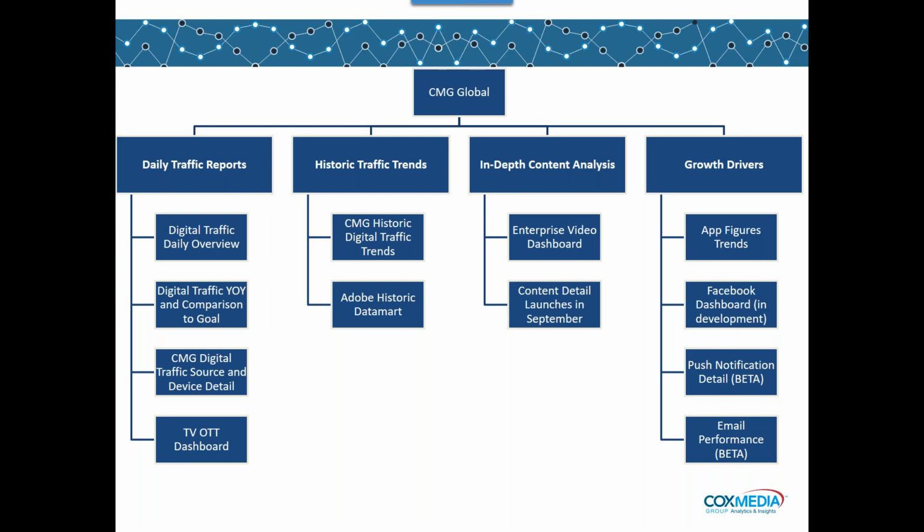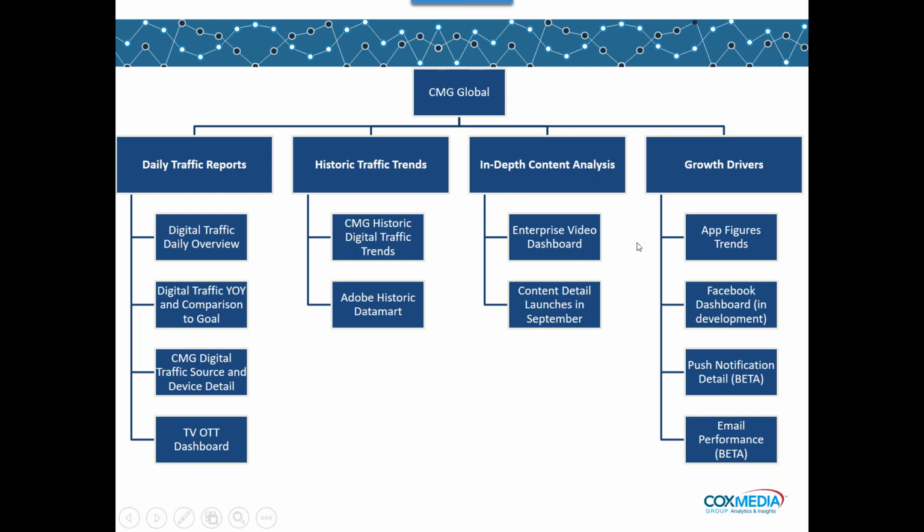And then the content detail will be launching in late August or early September, and that offers detailed traffic results for every article and piece of content that's been published on any type of Cox Media Group site. So that really gets into nitty-gritty detail about what content we're driving traffic to.